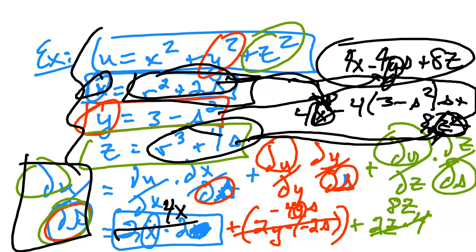So anyway, this is the chain rule, and just real quick, I wanted to show you, if I have u as a function of x and y, but then, well, let me change this up.